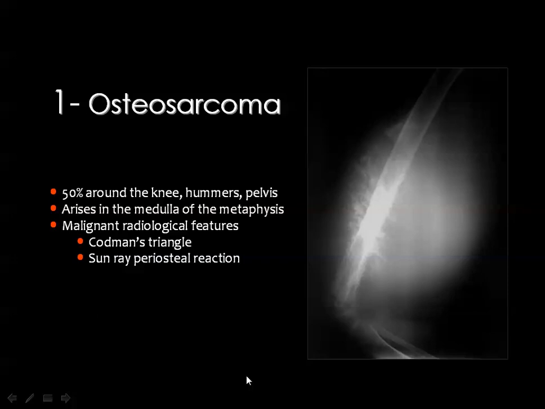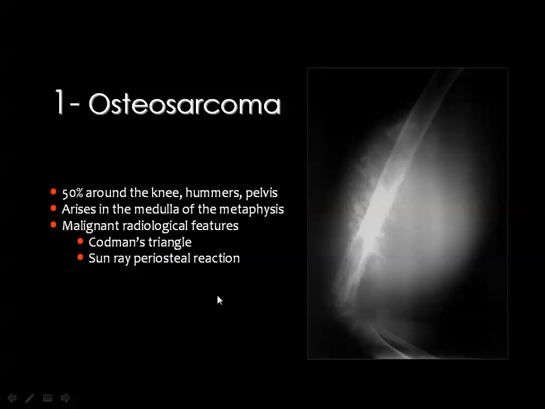On top of this group is the osteosarcoma, which is one of the known primary malignancies of the bone. About 50% of the lesions arise around the knee, and it may affect different bones in the human body.